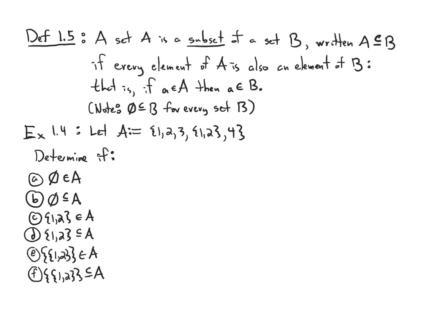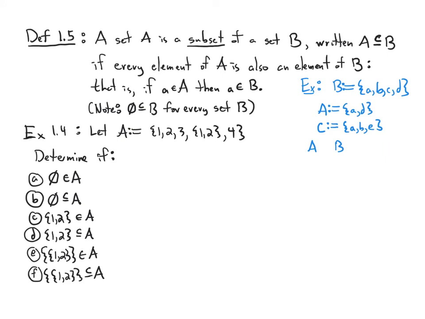So let's do this in blue over here. So if, say, B was the set A, B, C, and D, and let's say A was the set A, D, and let's say C was the set A, B, E. Well, let's look at A and B. Is A a subset of B?